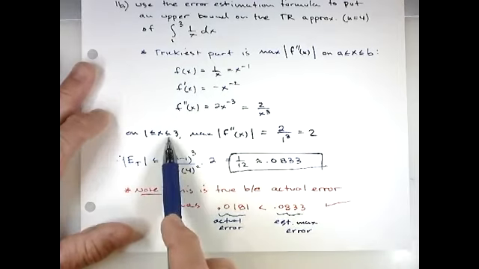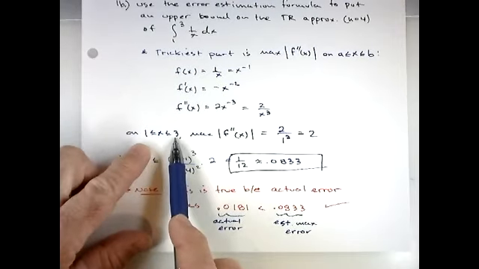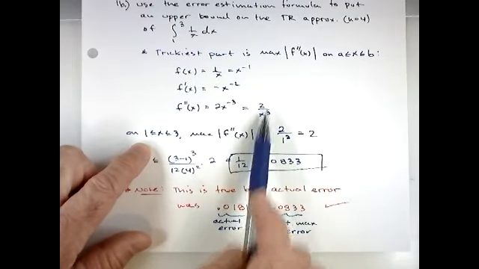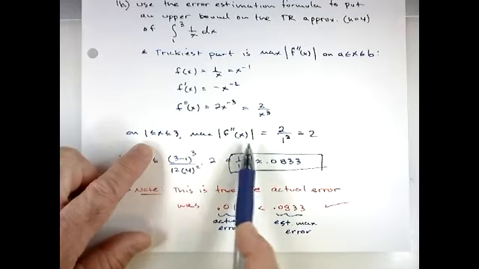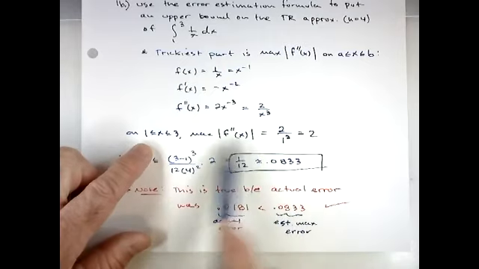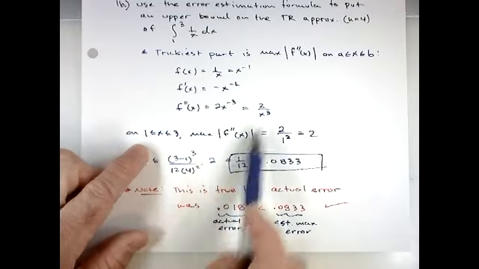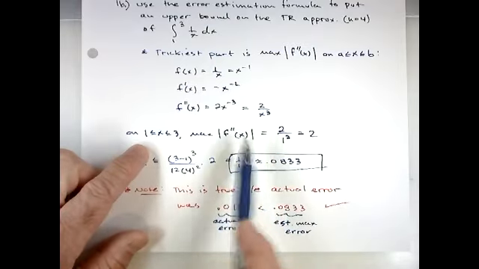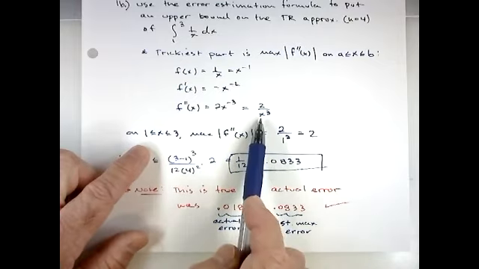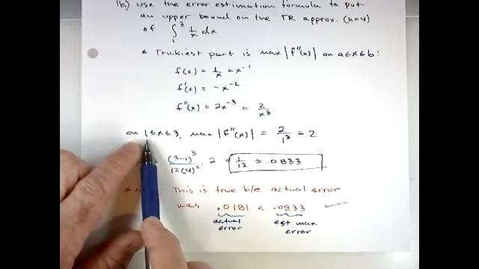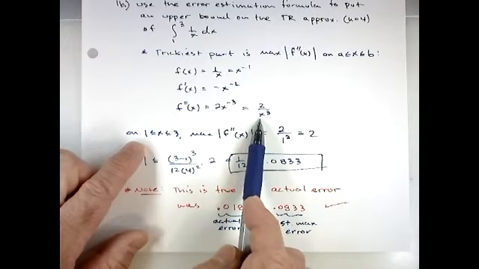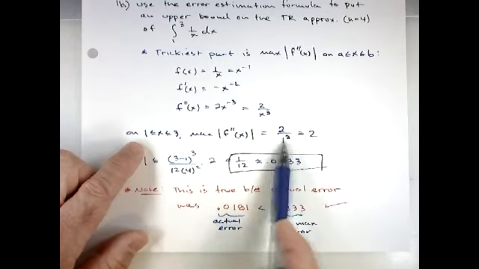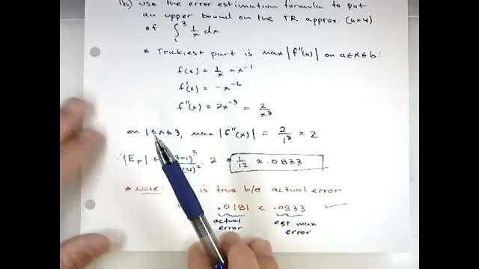So if you get to plug in any number between 1 and 3, including 1 and 3, into this function, 2 over x cubed, what would be your biggest value you could get out of that? The thinking here would be, the only place I get to plug in a number is the denominator, and fractions are big when denominators are small. So in this case, the number that's going to maximize my second derivative is going to be 1. And that gives me 2 over 1 cubed, which is 2.